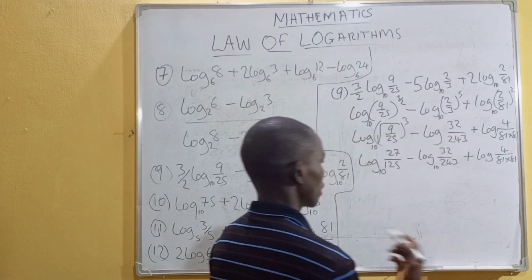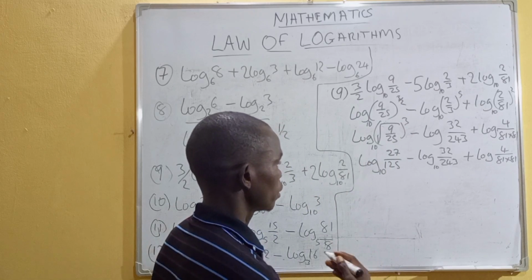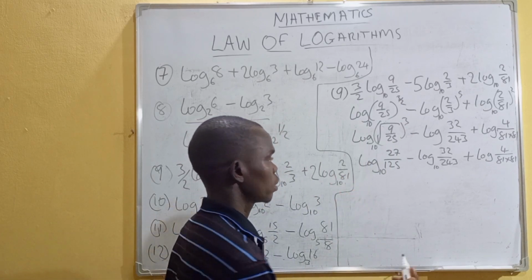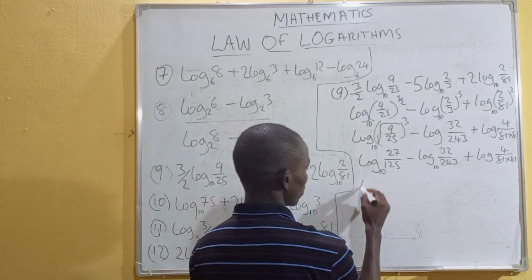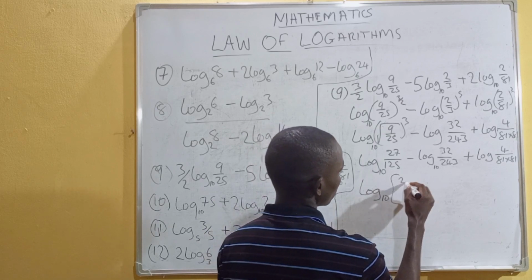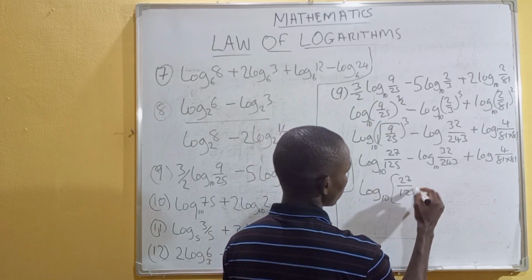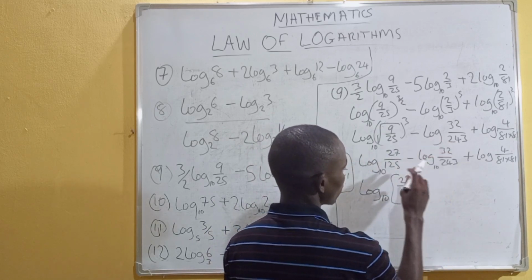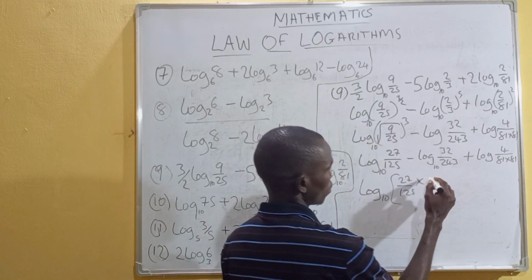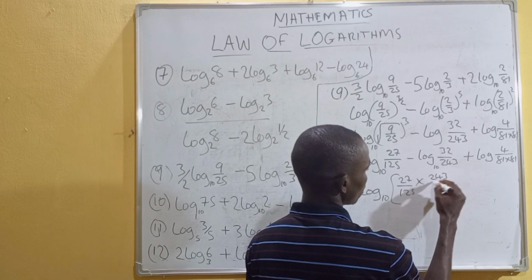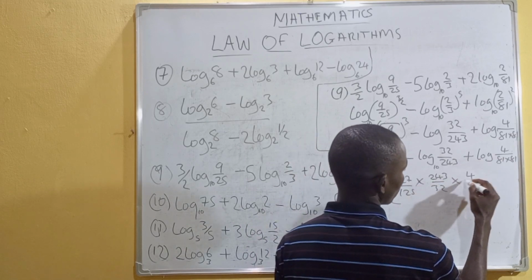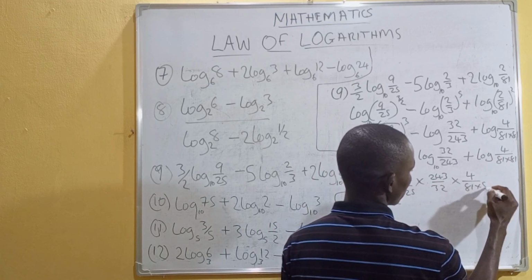So from here now, we can now use the law of addition and subtraction in logarithm. We now have log of base 10, 27 over 125 times the inverse of this, since this is subtraction, will now be 243 over 32 times 4 over 81 times 81.